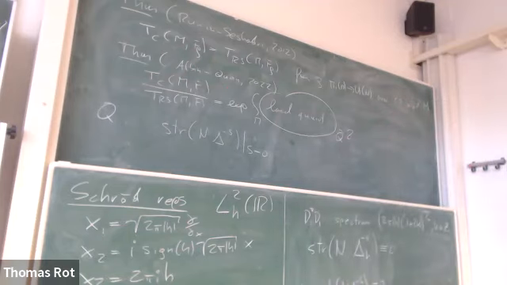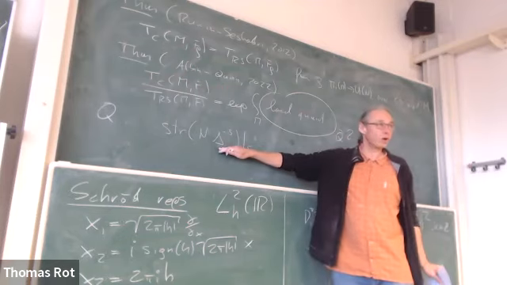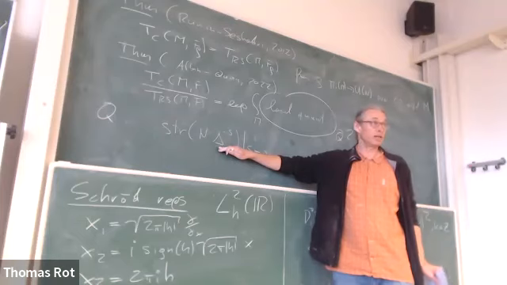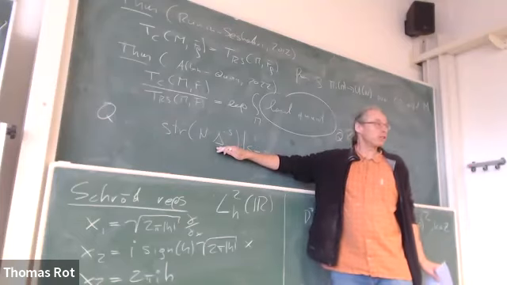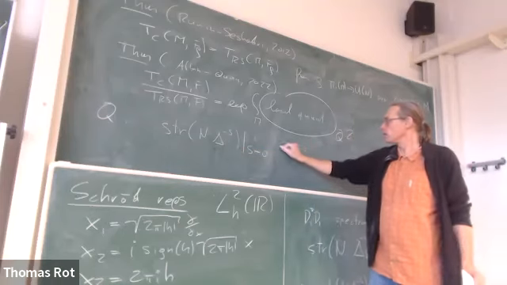And yeah, for three-dimensional contact manifolds, it's known that it vanishes, and that's good. That's what you would hope for, probably. For higher dimensional contact manifolds, it's not clear if this is zero.